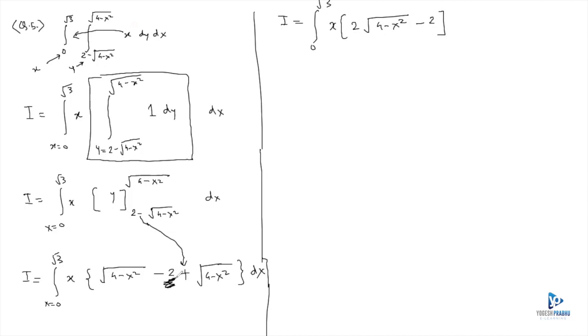Is that correct? Yeah, dx. Then you would take 2 out, and multiply by x.